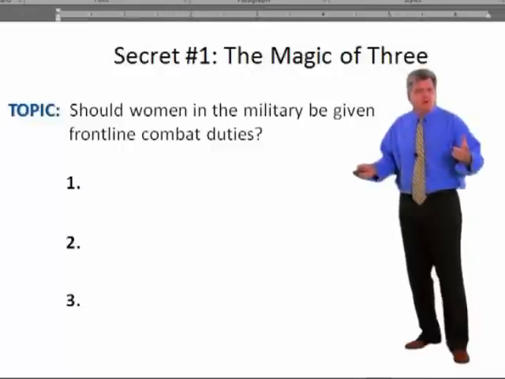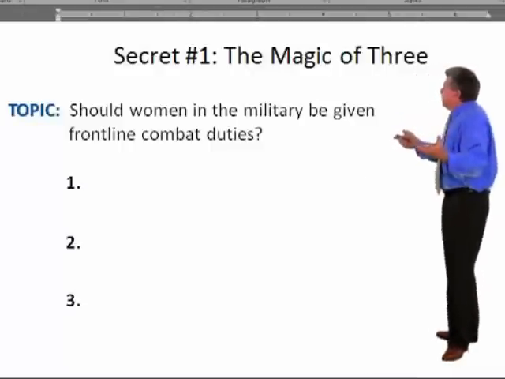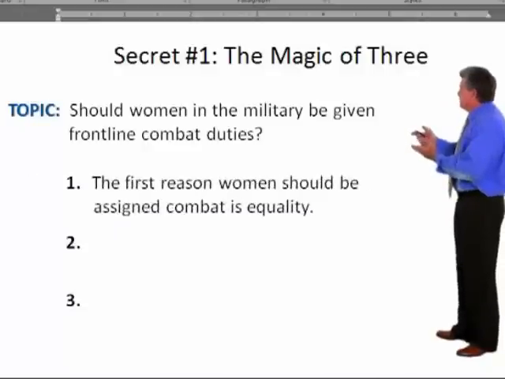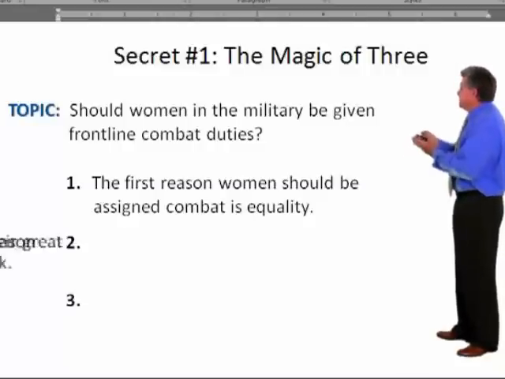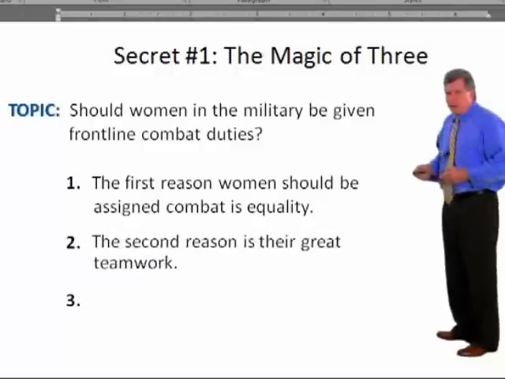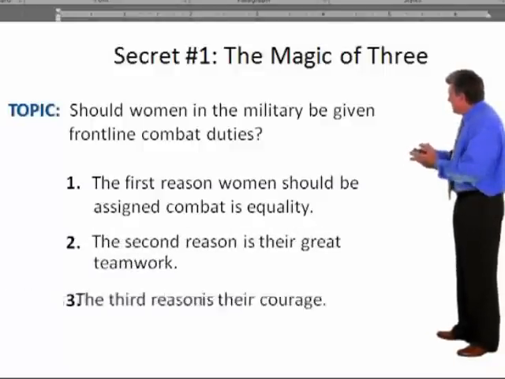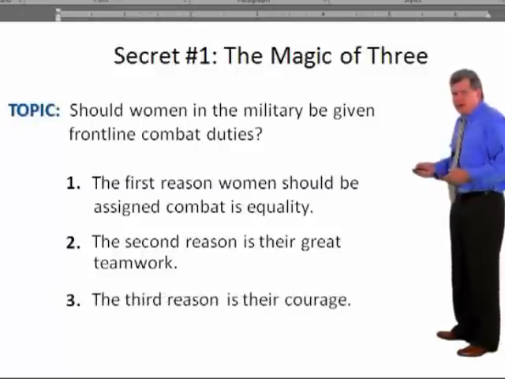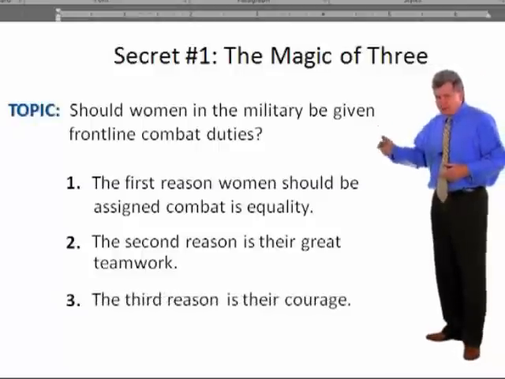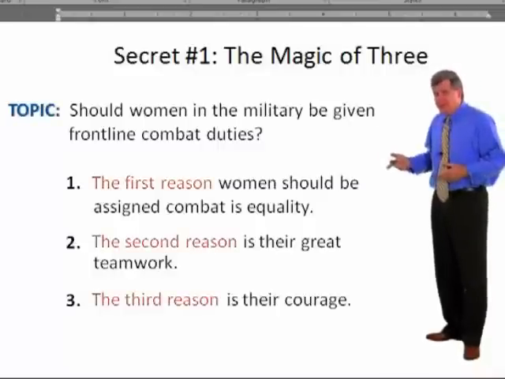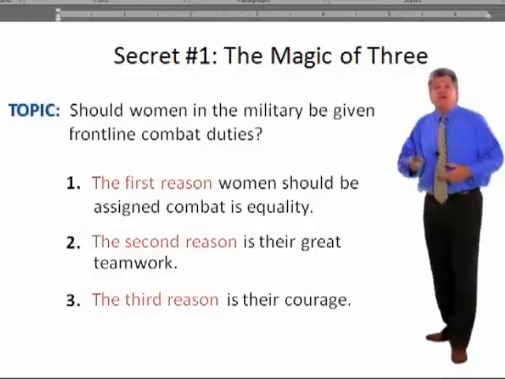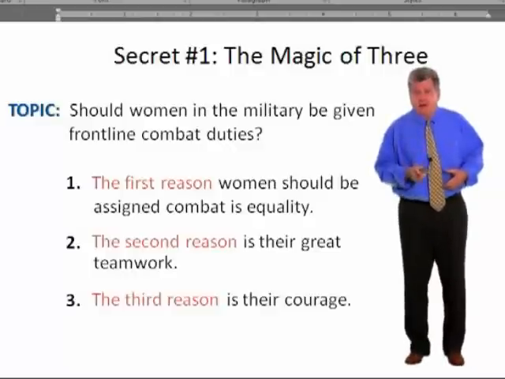Now, our 3 main points could be something like, well, the first reason why women can be assigned to combat is equality. The second reason is their great teamwork. And the third reason is their proven courage. Now, if you notice something repetitious there, and you're asking yourself, wait a minute, is this repetition good? The answer is yes, it is very good.